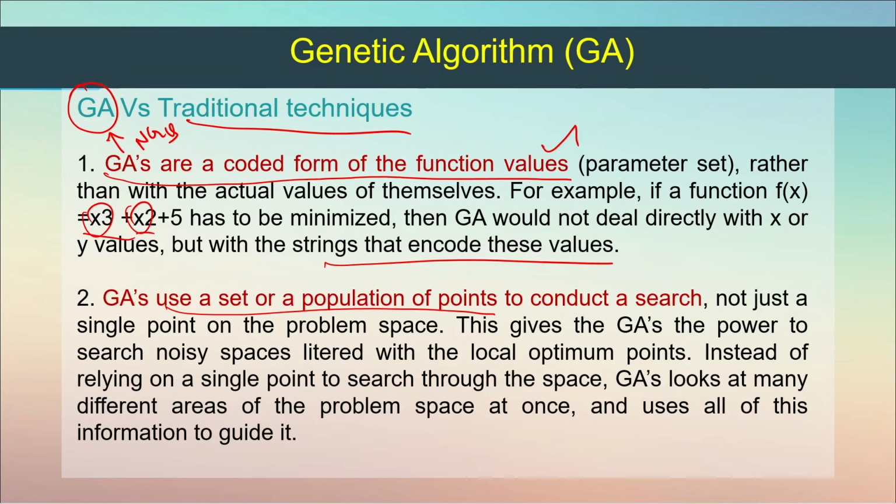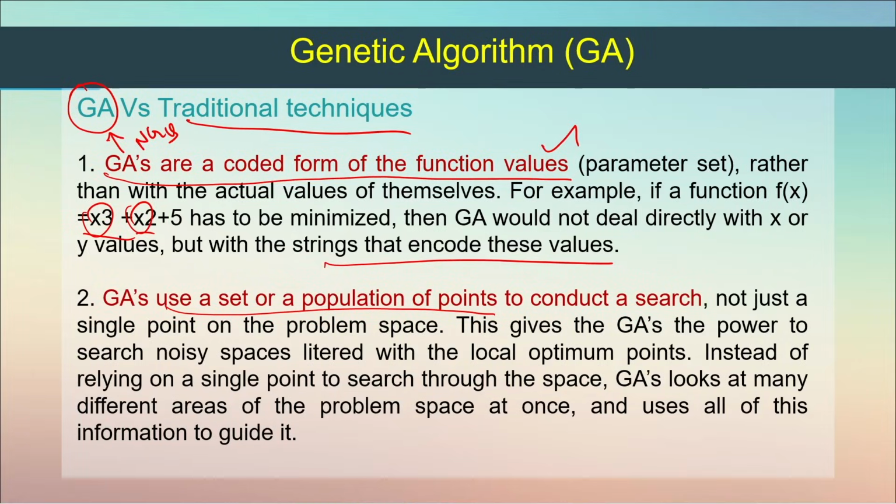There are two terms, x^3 and x^2, and I need to decide the number of possible values for them. So I have a population of values, not a single value, and all these are involved in conducting the search. So GA always uses a set of population to conduct a search. That you should remember.